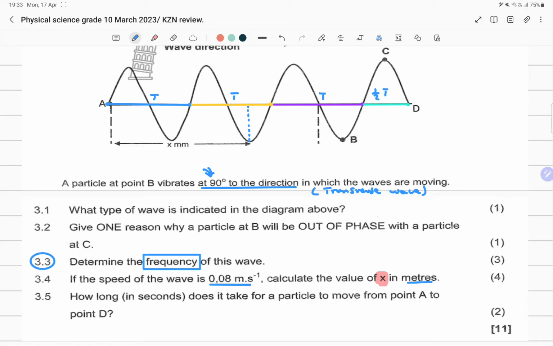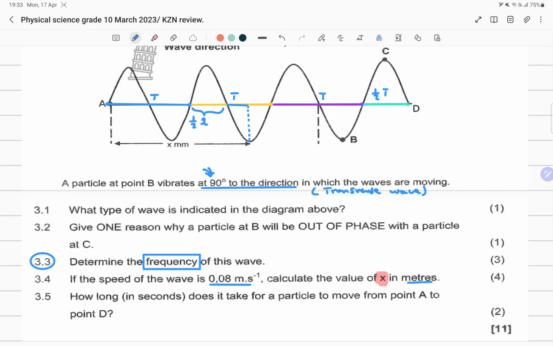Here we've got half of a wavelength, and here we've got 2 halves.